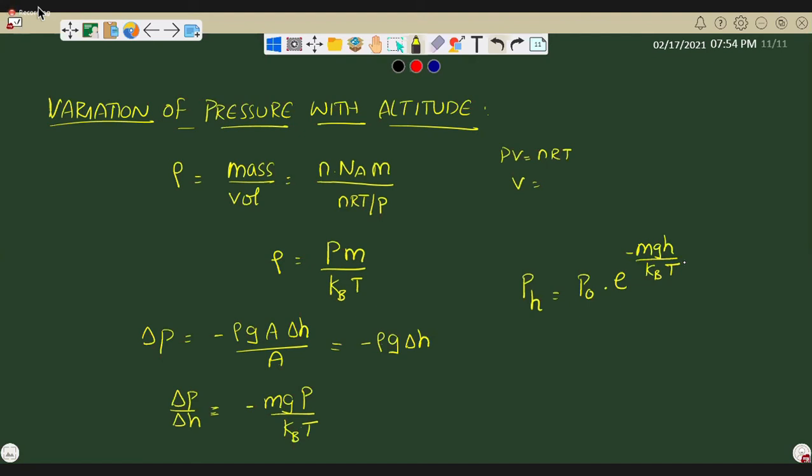That is difficult, so I just gave the direct one. From this formula, you can always find the pressure at an altitude h.